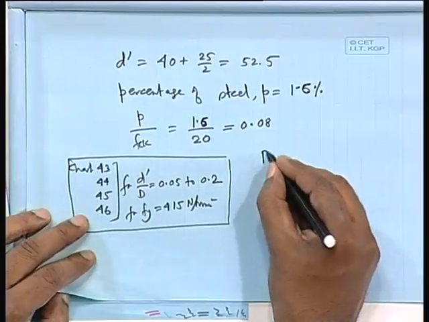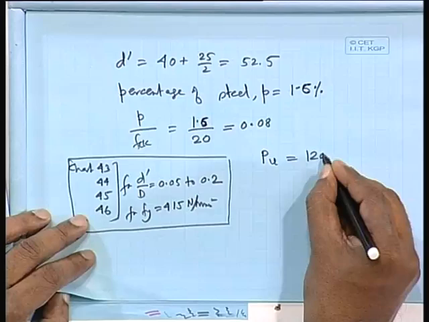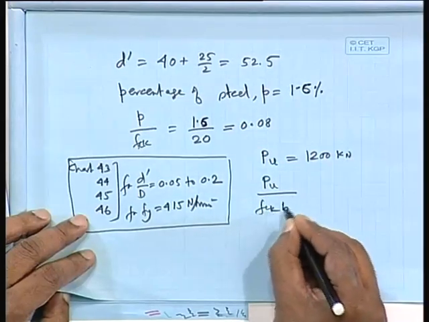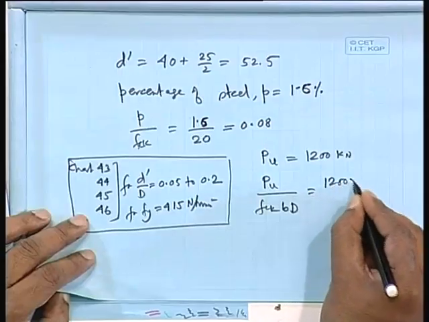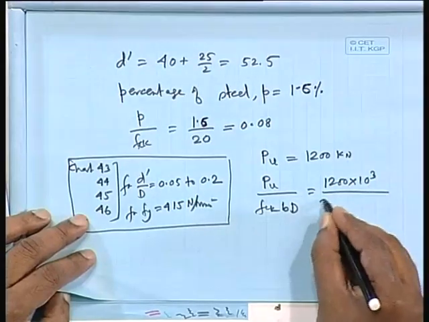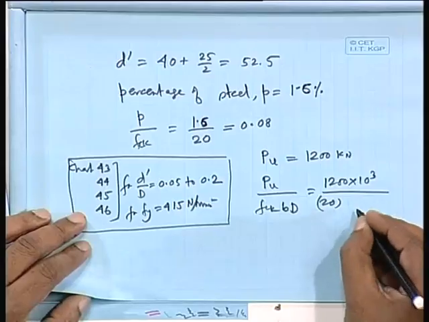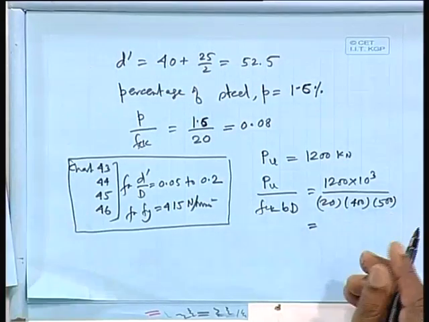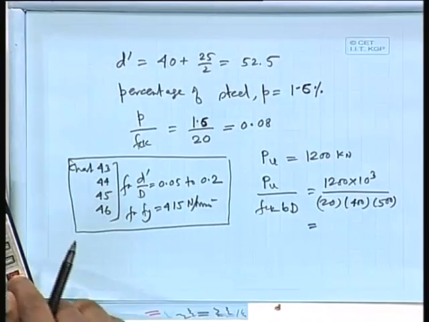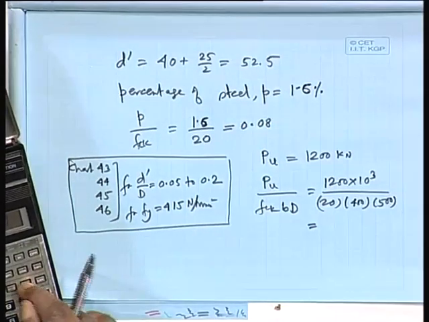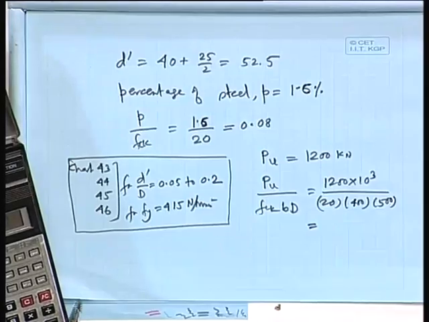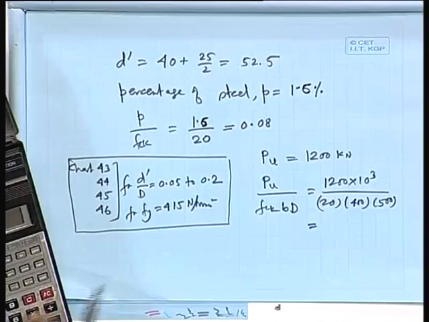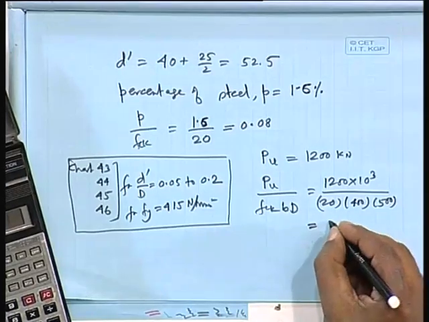Now, what about Pu? Pu equal to 1200 kilonewton, and Pu by fck bD equal to 1200 into 10 to the power 3 divided by 20 times 400 by 500, which comes as 0.3.